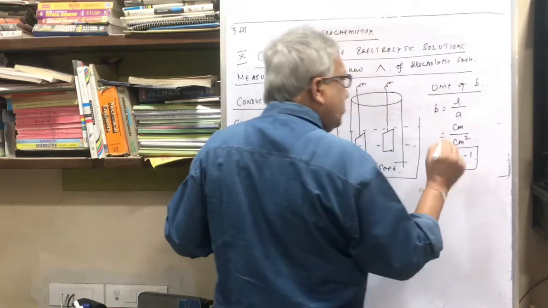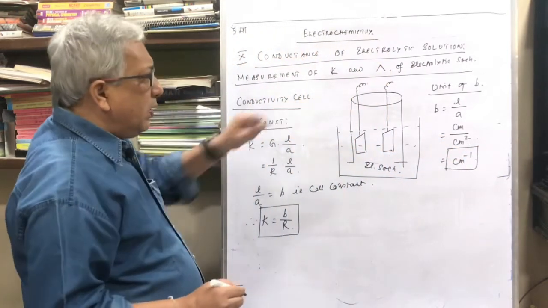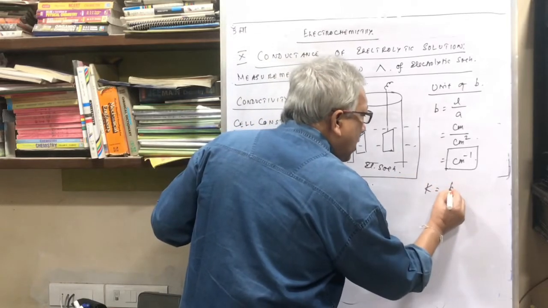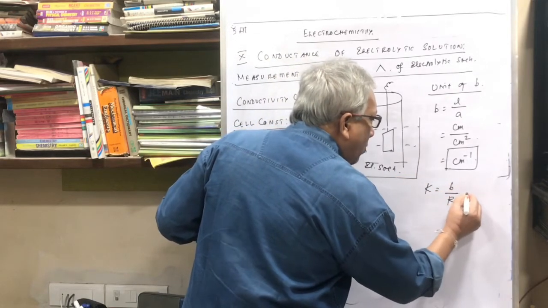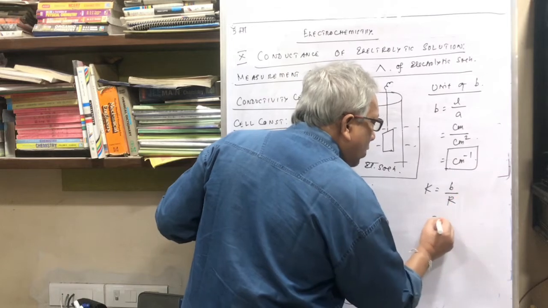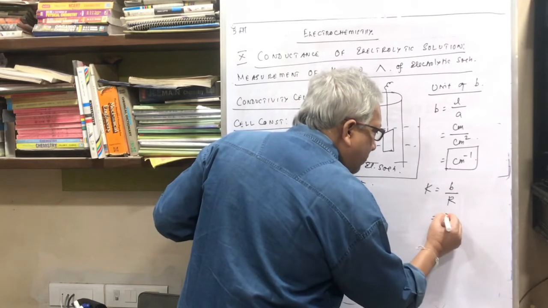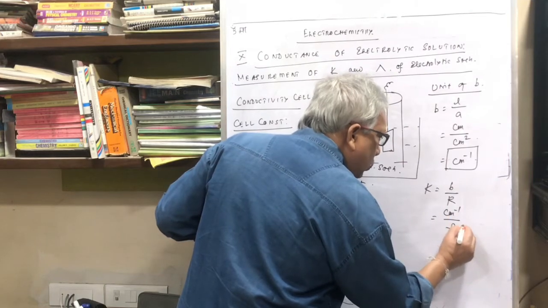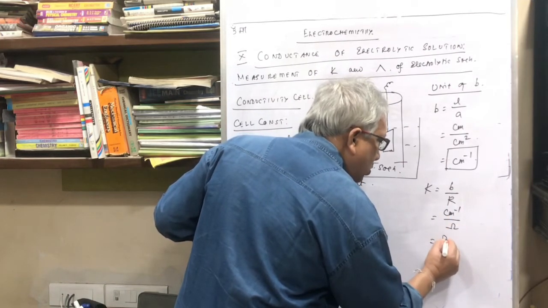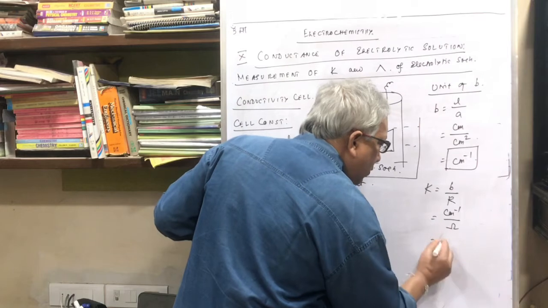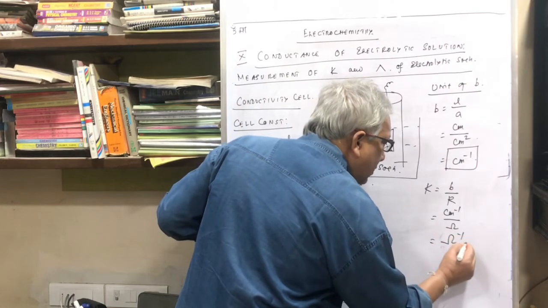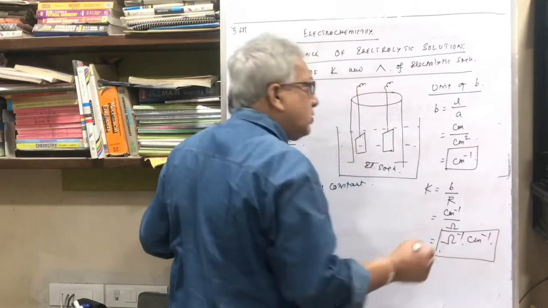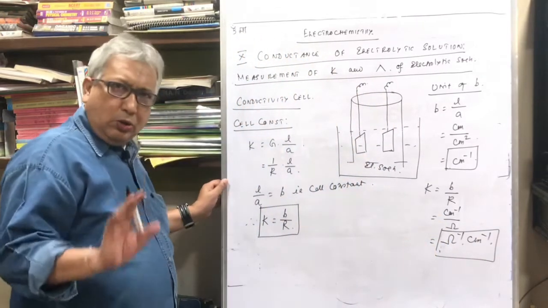The unit of cell constant is centimeter inverse, and that is the reason when you write K is equal to B upon R, the unit will be centimeter inverse upon ohm. So this will become ohm inverse centimeter inverse. This we have seen before also. Is it okay with you?